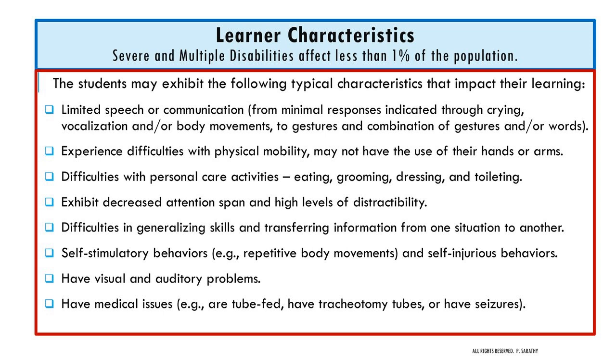And you may have yet another student who has limited voluntary control of her arms and legs and hands, and her hand may be in a closed fist position, requiring adaptations to grasp objects.